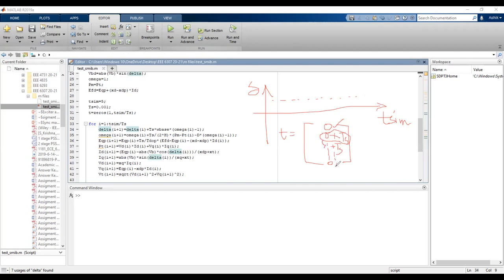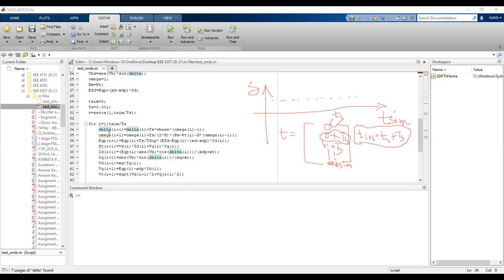And ultimately, you will finally reach TSIM, 5 seconds. So that is the target. That means if this is the Ith element, then T(I+1) equals TI plus TS. That should be the updating of the T variable in each time step, in each iteration.